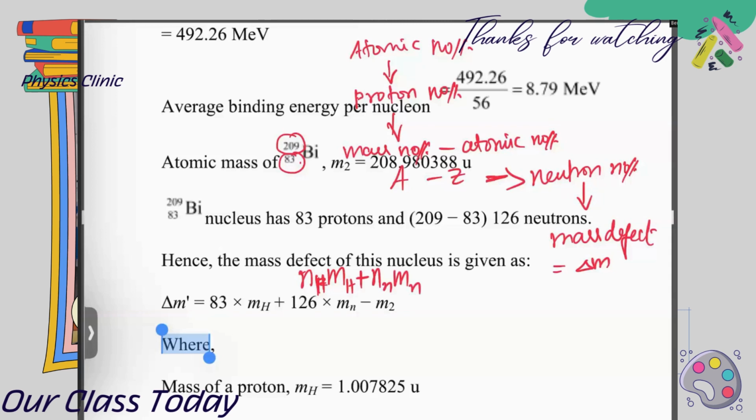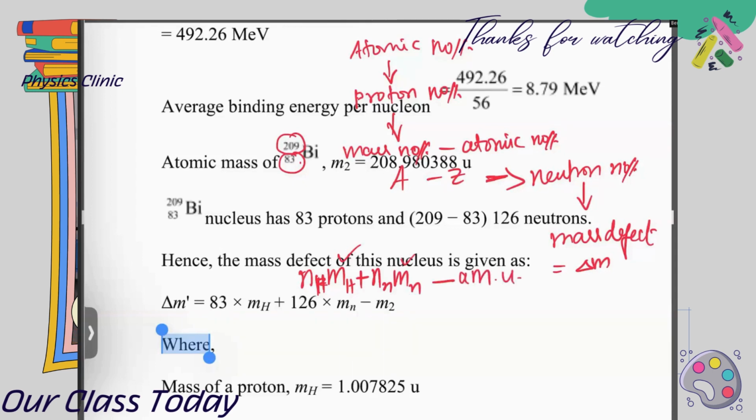Again and again I'm repeatedly saying, the mass of a proton and the mass of a neutron will be given on the front page of your question paper. So don't worry about that. Then the atomic mass unit is given, so you have to subtract from that.